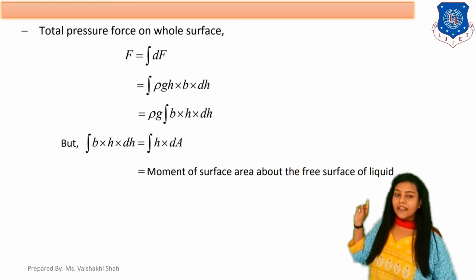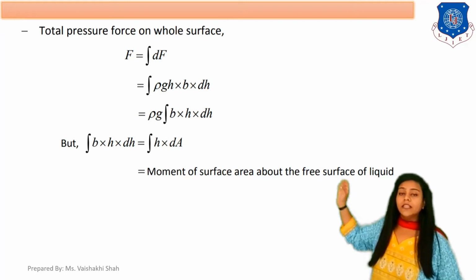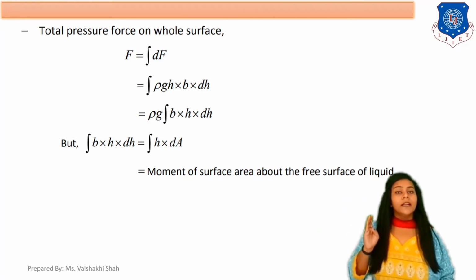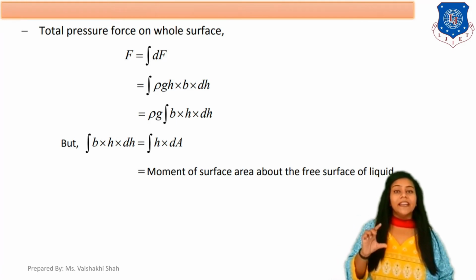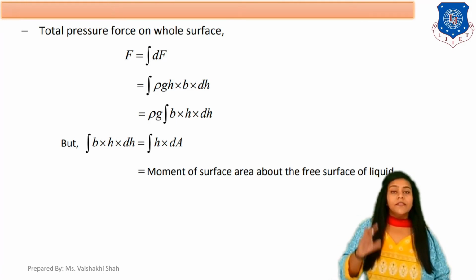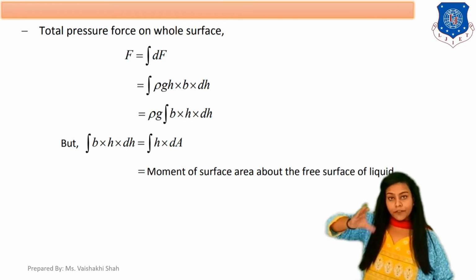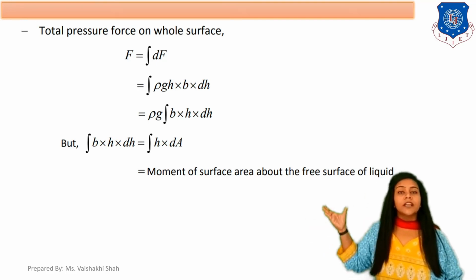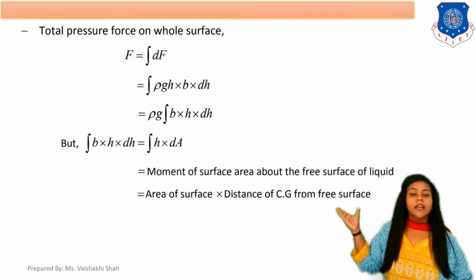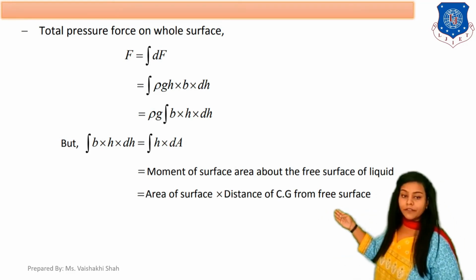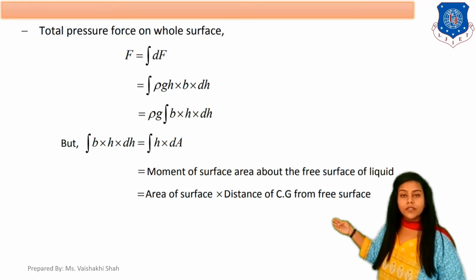Now, integration of h into dA is the moment of the surface about the free surface of the liquid. What is integration of h dA? That is the moment of the surface about the free surface of the liquid, where the equation for this moment is the area of the surface and the distance of the CG.